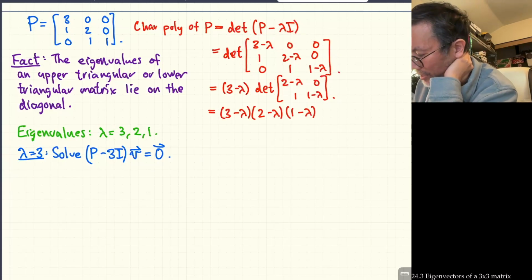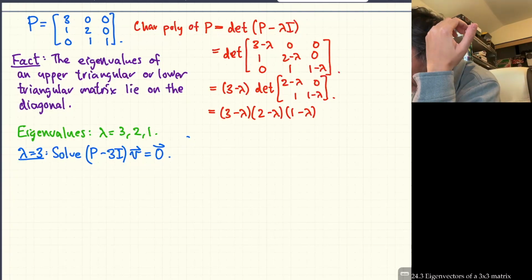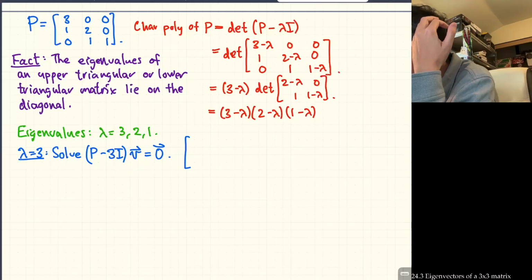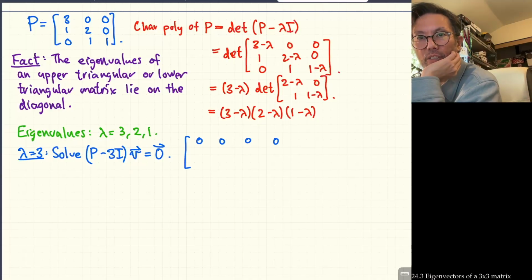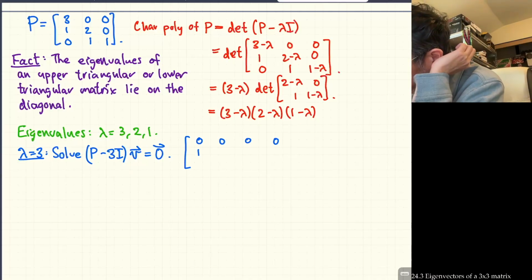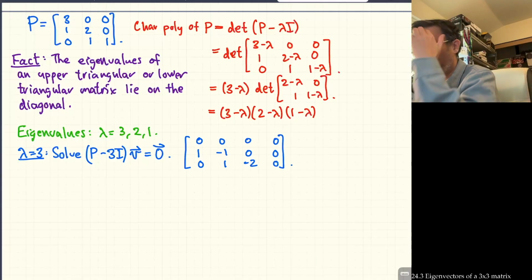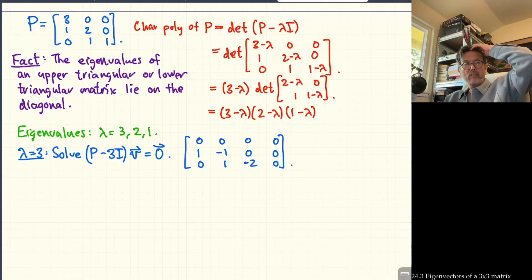And what I get is, and I'm going to make an augmented matrix as usual, I'm going to have 0, 0, 0, and then 0 for the augmented first entry of the 0 vector. Then I'm going to have 1, minus 1, 0, 0. And finally, I'll have 0, 1, negative 2, 0. Okay, that's my augmented matrix.